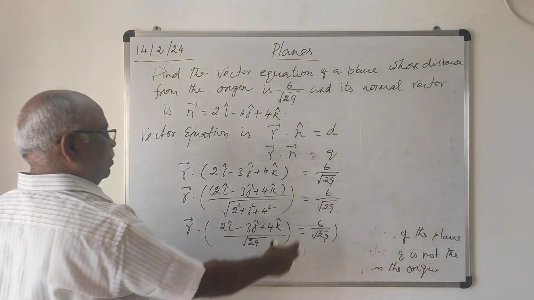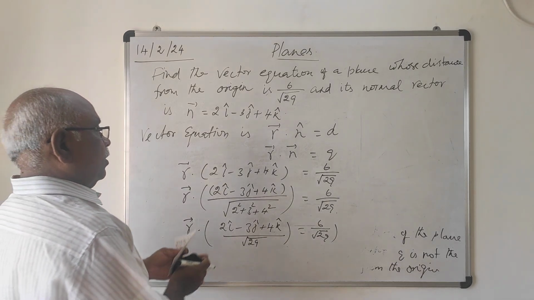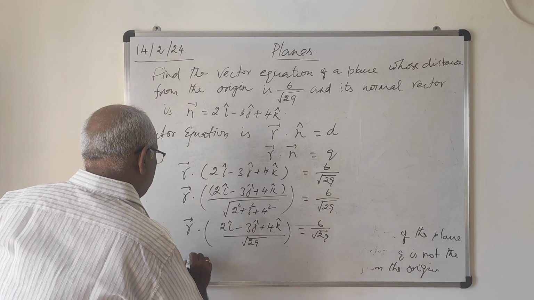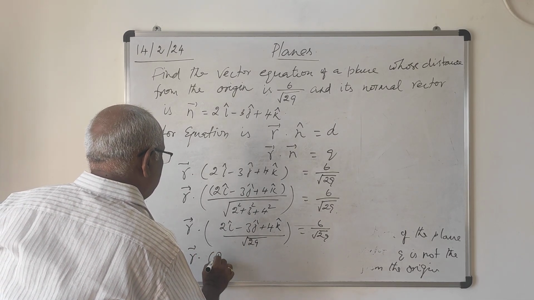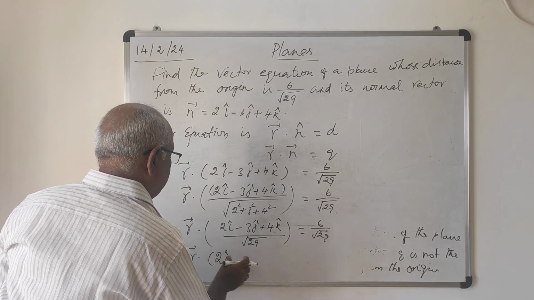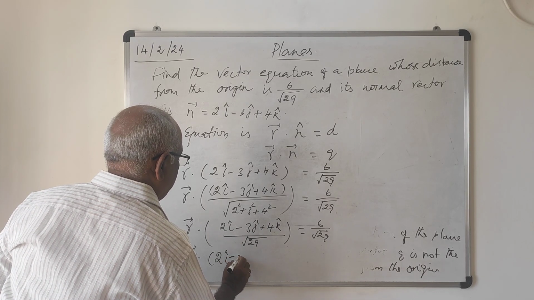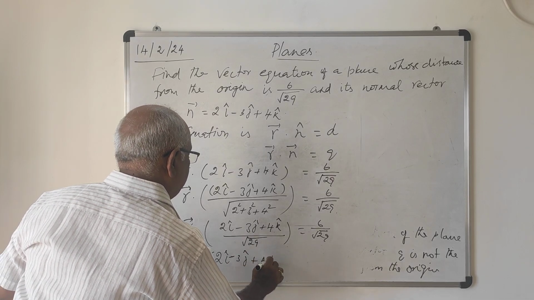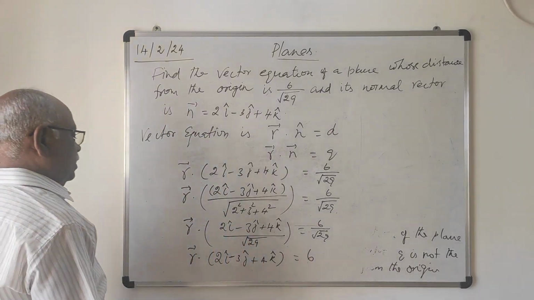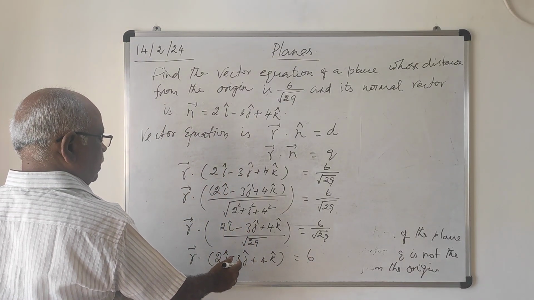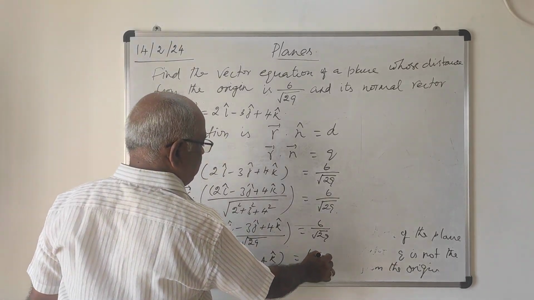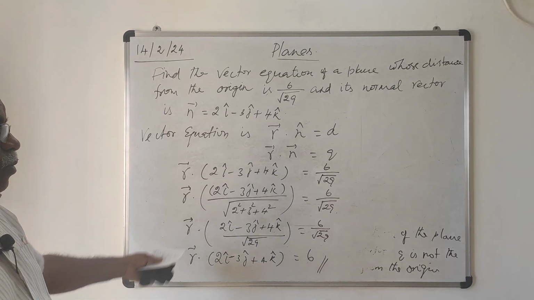So r dot n cap equal to d. Now you can simplify this: r dot 2i minus 3j plus 4k equal to, bringing root 29 to the right hand side, 6. So r dot 2i minus 3j plus 4k equal to 6. This is the vector equation of the plane in normal form. That's all about the problem.